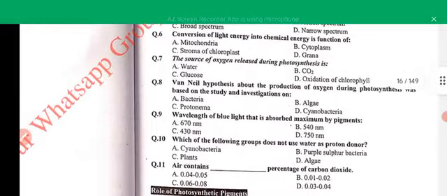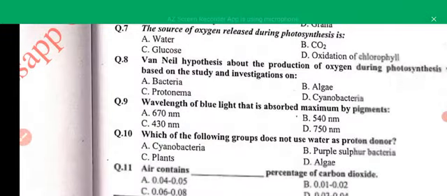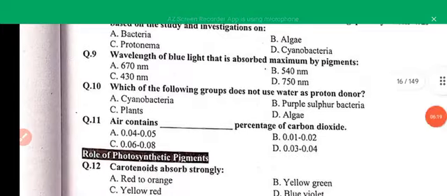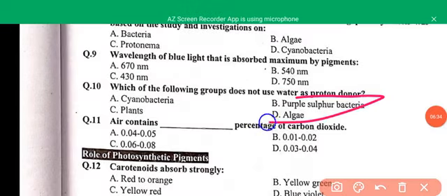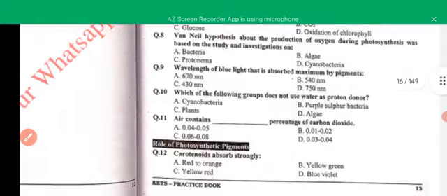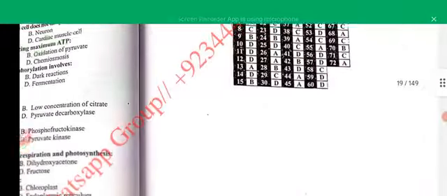Which of the following groups does not use water as the proton donor? Water as a proton donor is used by cyanobacteria, plants and algae. Purple sulfur bacteria actually do not use water directly, so we have to tick purple sulfur bacteria. In Van Niel's hypothesis, they were working on bacteria and noticed that they do not release oxygen because they do not use water.